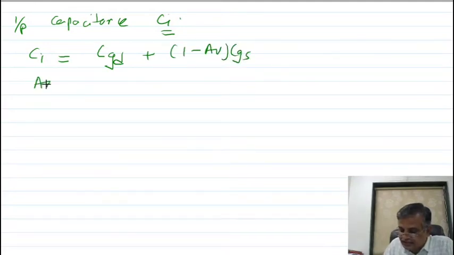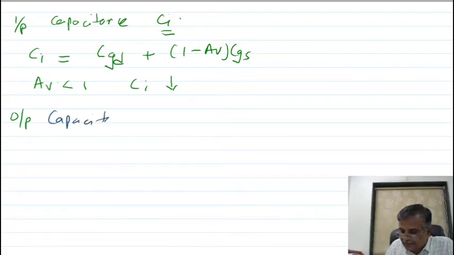Here the voltage gain is less than 1, so your input capacitance is reduced. Remember this. Lastly, I will discuss the output capacitance.